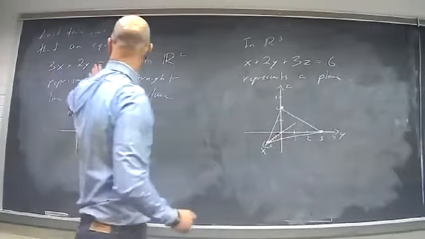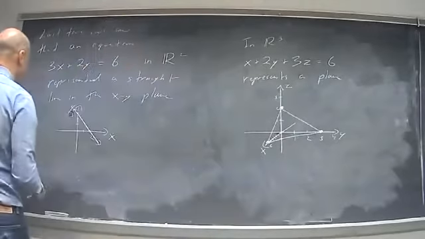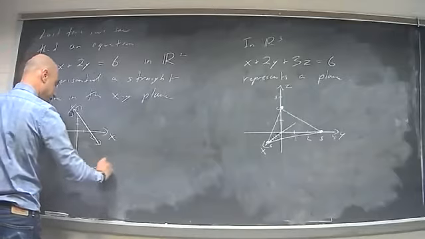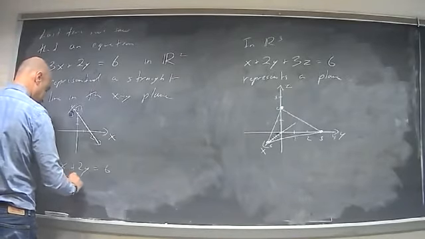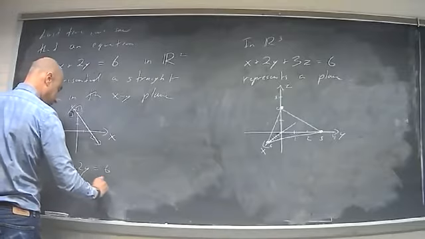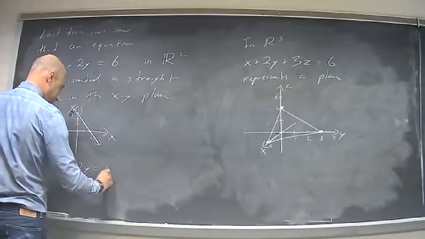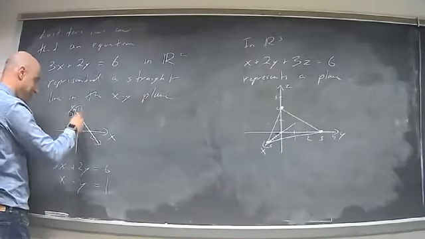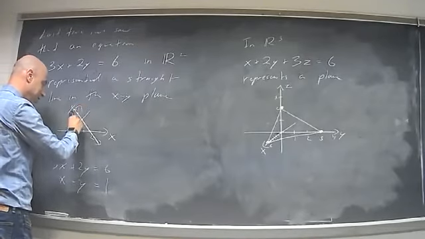So this represents a straight line, and this represents a plane. If I gave you a system of equations, 3x plus 2y equals 6, and x minus y equals 1, we can see that this is the intersection of two straight lines.